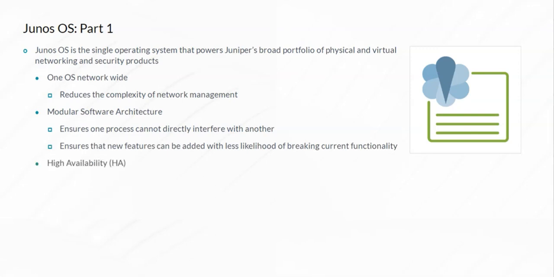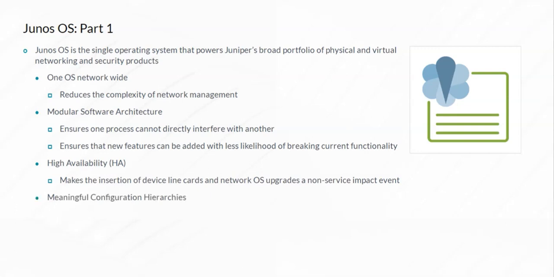The Junos High Availability, or HA, features make the insertion of device line cards and network OS upgrades a non-service impact event. Junos OS enables meaningful device configurations by providing an intuitive configuration hierarchy and including the ability to annotate the configuration.